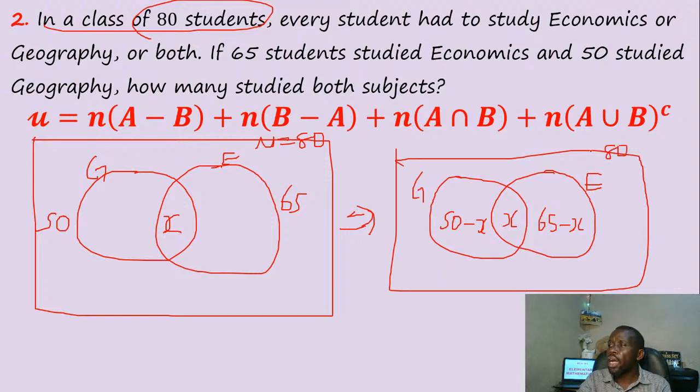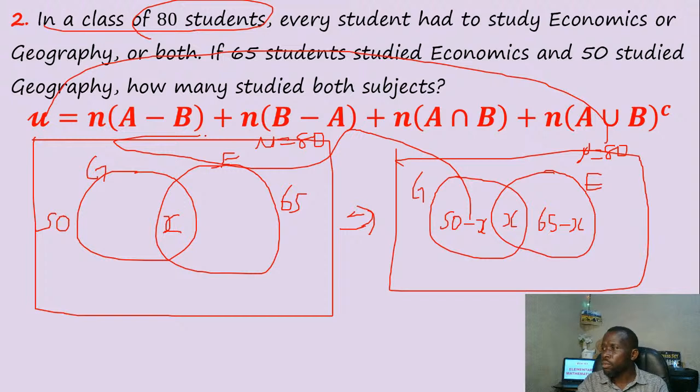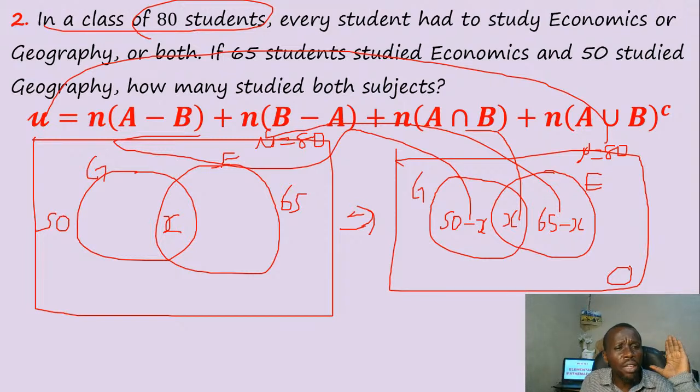Now I can start my calculation. My 80, which is this universal set, 50 minus X is this A minus B. 65 minus X is this B minus A. X is this A intersection B. 0 here, because we are not told that there are some students that do not study geography or economics.